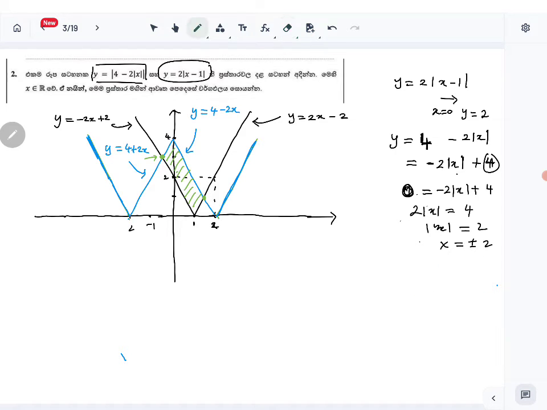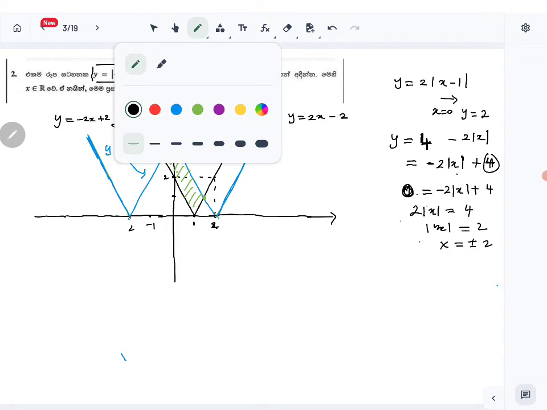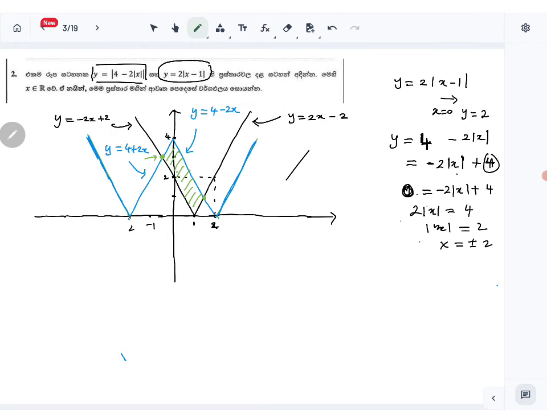I have to solve which two equations? 4 plus 2x and minus 2x plus 2. 4 plus 2x equals minus 2x plus 2. So 4x equals minus 2, x equals minus half.